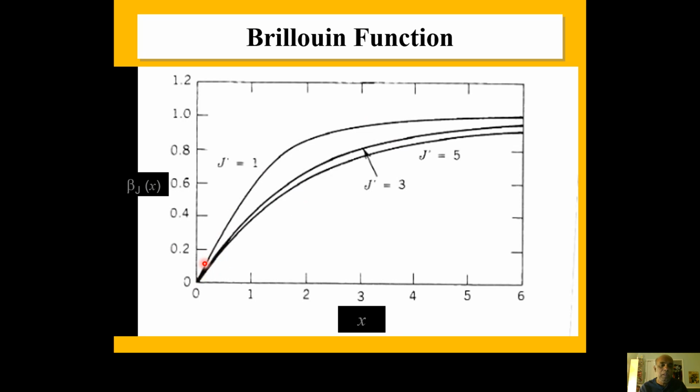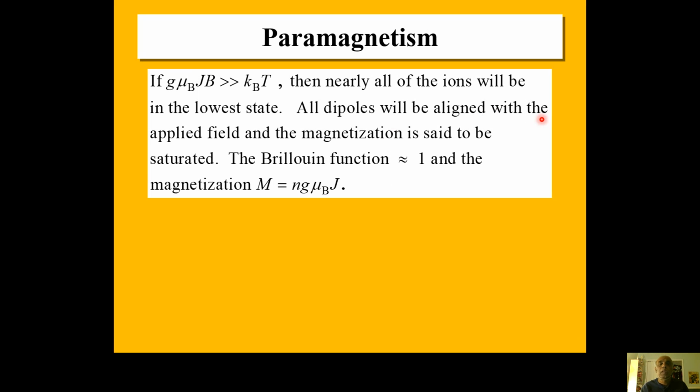That's the linear region, and at high x values it reaches 1. This all comes from paramagnetism, because your magnetization is a positive value.